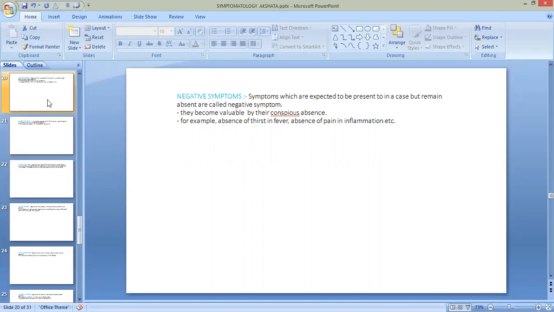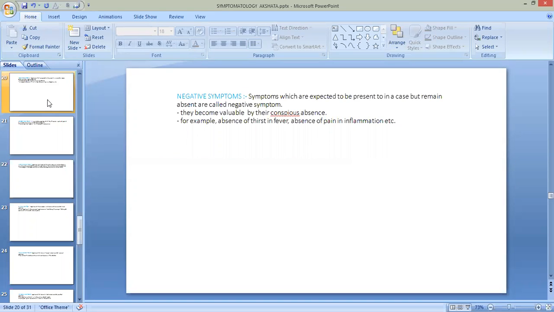Negative symptoms. Symptoms which are expected to be present in a case but remain absent are called negative symptoms. So what are negative symptoms? The symptoms which we expect in the case but cannot find, as I discussed earlier.